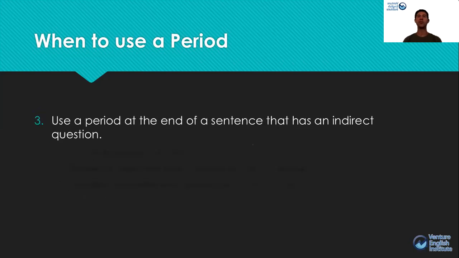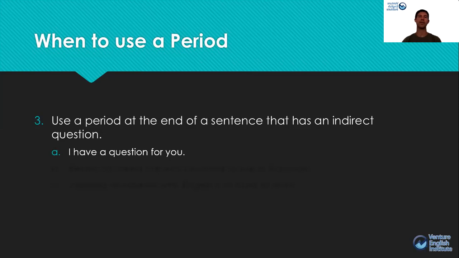Another way that we use periods, which is a very complicated English structure, is in a sentence that has an indirect or implied question. So for example, we have here, I have a question for you. So that's an implication that a question needs to be asked, but it is not a question itself. So we don't use a question mark here, we use a period to indicate that the question is coming.